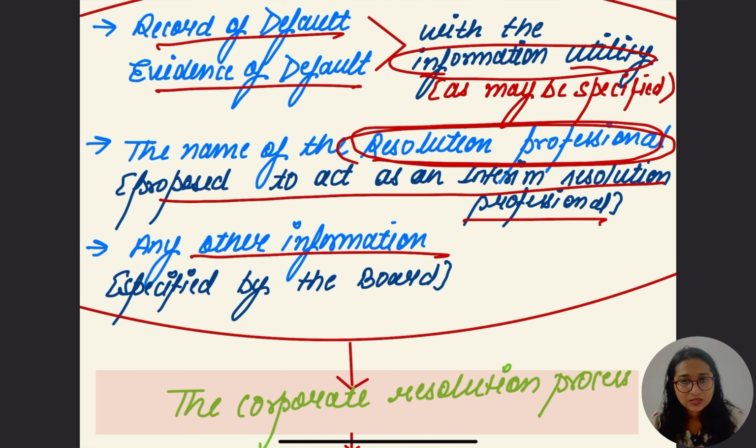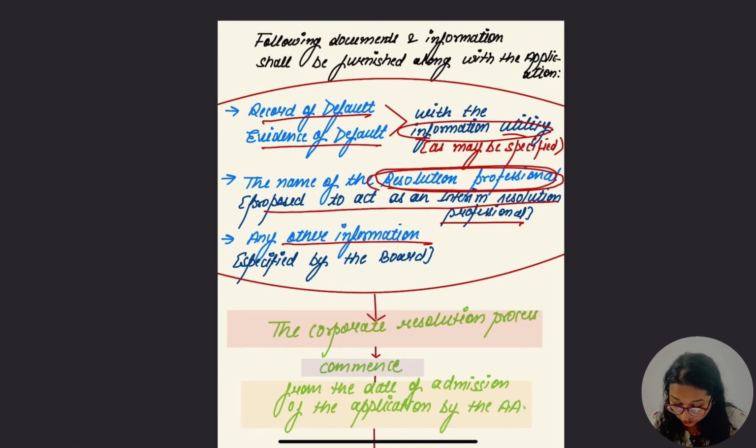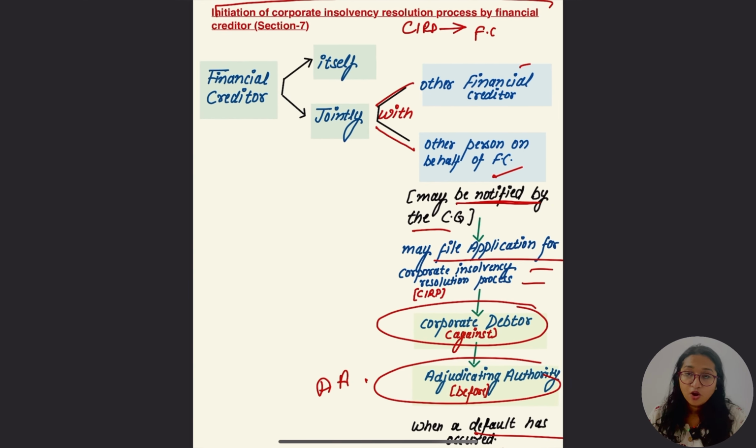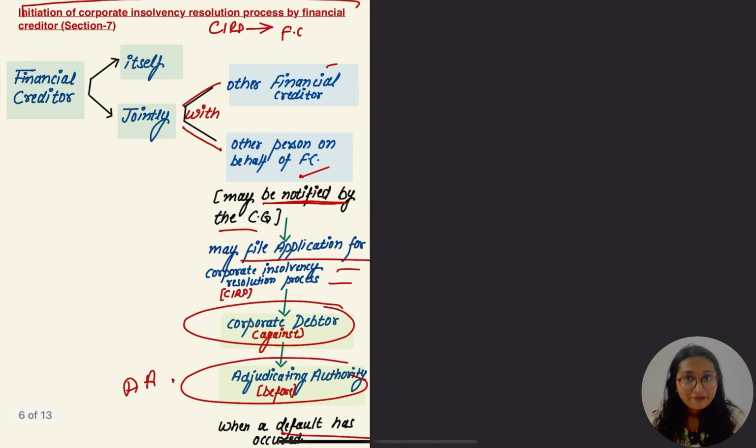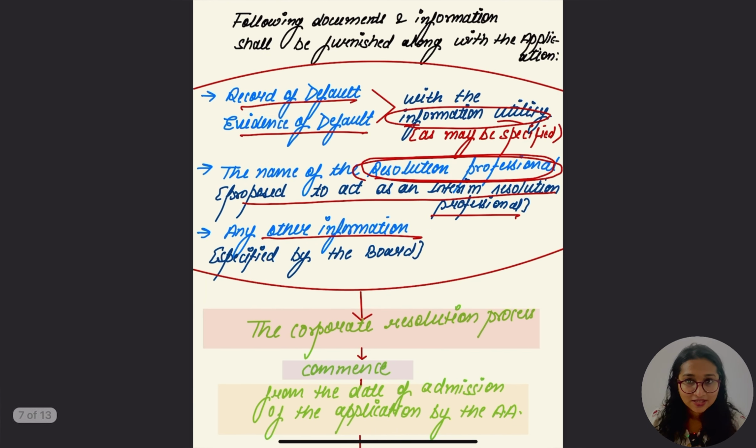Hope this point was also clear. So the financial creditor, either by itself or jointly, can apply to the adjudicating authority against the corporate debtor once the default has occurred. But there are some documents: first of all, the evidence, the record of the default.